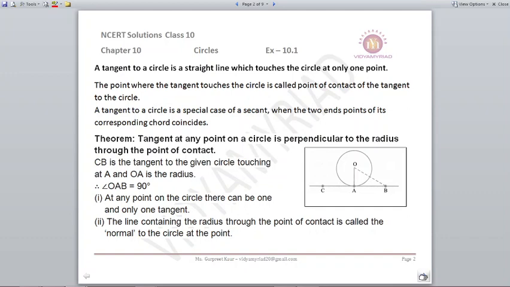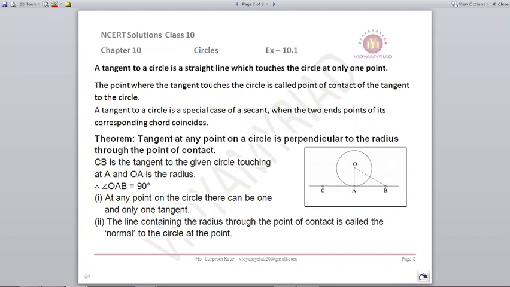When we join it with O, it becomes the radius and it is perpendicular to the tangent. So angle OAB will be equal to 90 degrees since OA is perpendicular to CB. Why? Because CB is a tangent. You need to remember this.